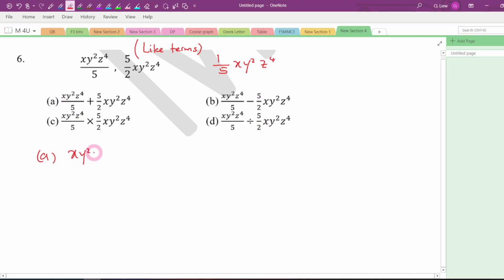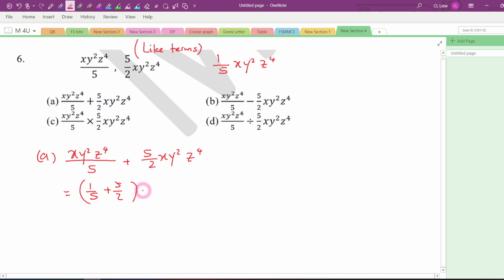x y squared z power 4 over 5 plus 5 over 2 x y squared z power 4. As I told you just now, this is just 1 over 5. You can press your calculator, 1 over 5 plus 5 over 2. For the variable part, for addition and subtraction it is actually very easy.